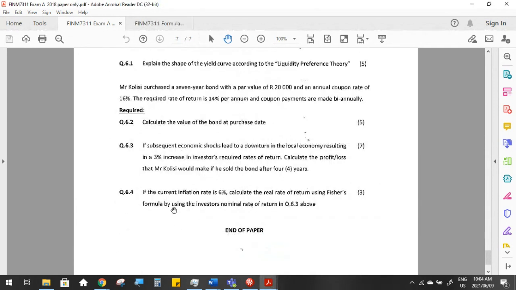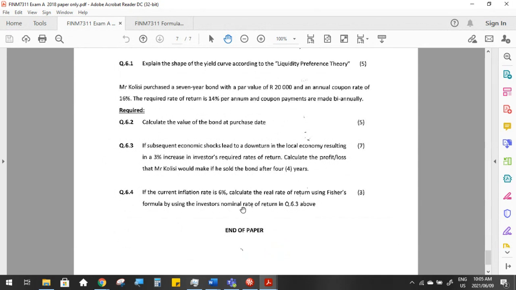And then the very last question is for 3 marks: if the current inflation rate is 6%, calculate the real rate of return using Fisher's formula by using the investor's nominal rate of return in question 6.3 above.